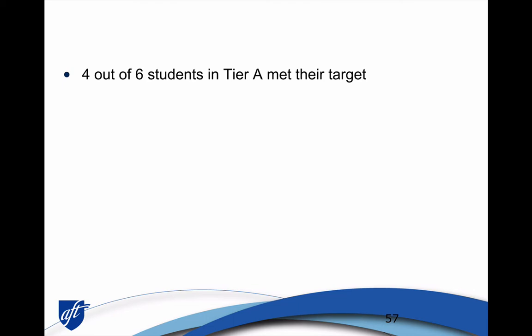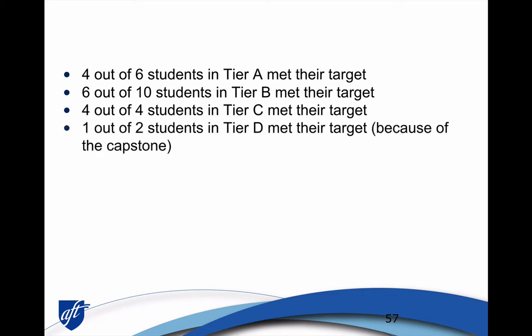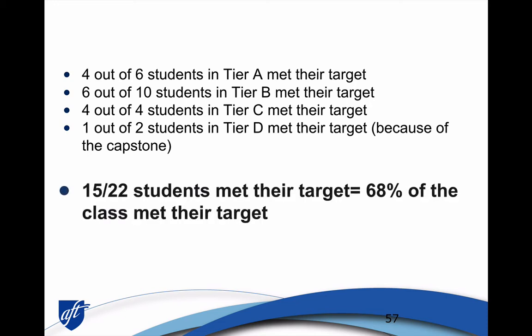So in summary, 4 out of the 6 students in Tier A met their target, 6 out of 10 students in Tier B met their target, 4 out of 4 students in Tier C met their target, and 1 out of 2 students in Tier D met their target because of the capstone. This means that 15 out of the 22 students in this particular educator's population met their target, or 68% of the class.